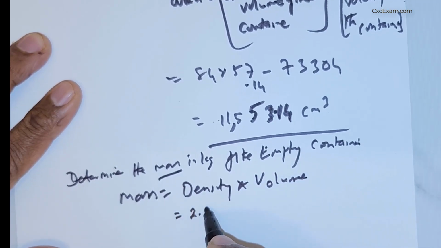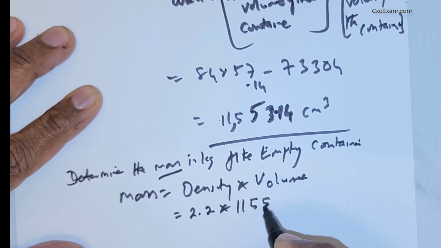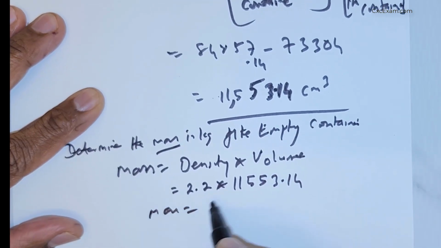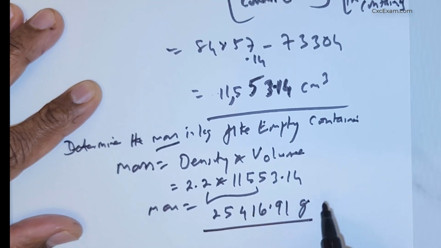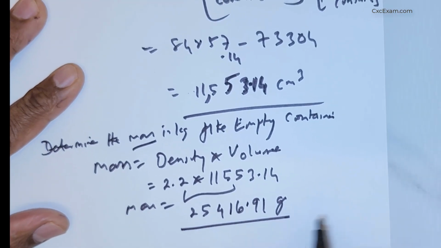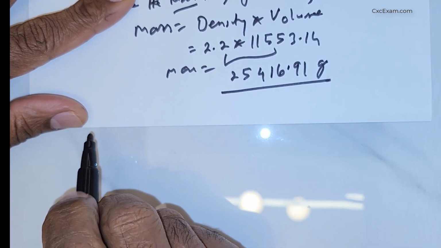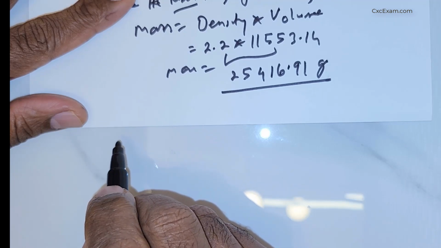The density is given as 2.2. The volume is 11553.14. If you multiply these two, you will get a mass of 25416.91 g. But we need it in kgs. So what we do is we divide this by 1000.